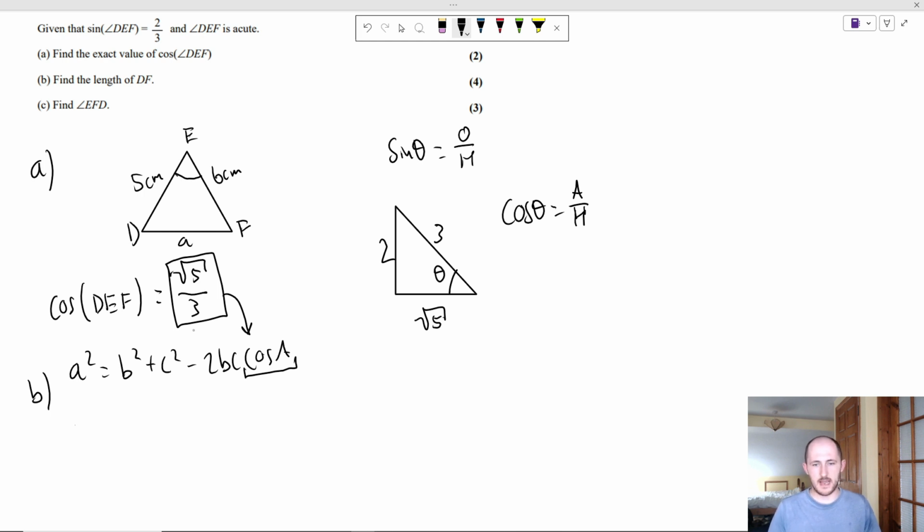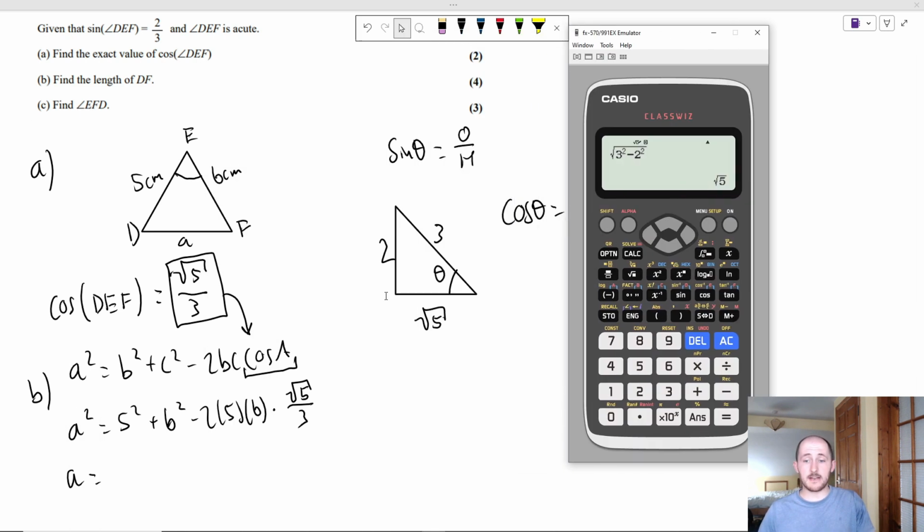So we have a squared equals 5 squared plus 6 squared minus 2 times 5 times 6 times root 5 over 3. Very handy indeed. I mean, a little bit handy, I suppose. But again, in A-level mechanics, that's actually a lot more important for reasons we may get to.